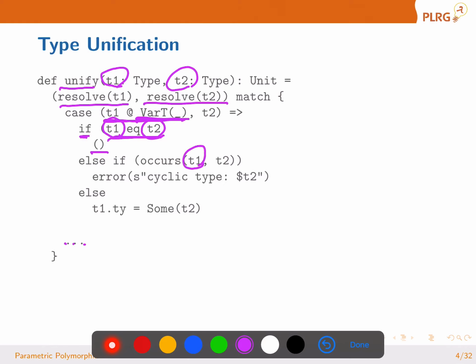When tau1 occurs in tau2, we are in trouble because it's a cycle. The cycle cannot be solved in this language, so cyclic type, error. The third case: then tau1 should be the same as tau2. Let's remember that in tau1. Tau1 is a type variable, so it has this field option of some type. In the beginning, it was none, and now that we know tau1 should be the same as tau2, put that information. Tau1 is unifiable with tau2.